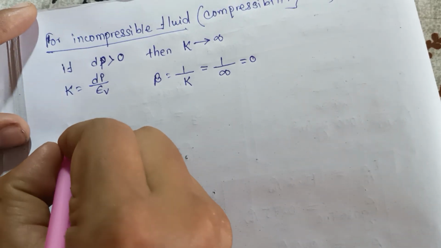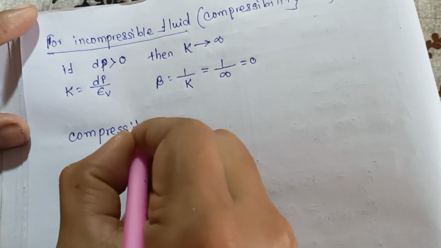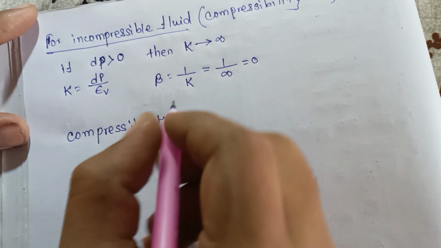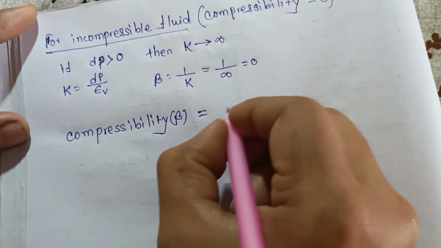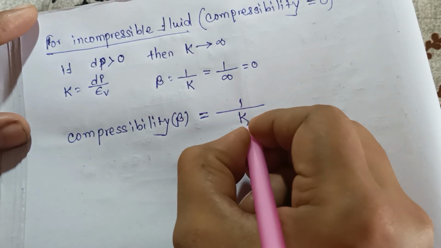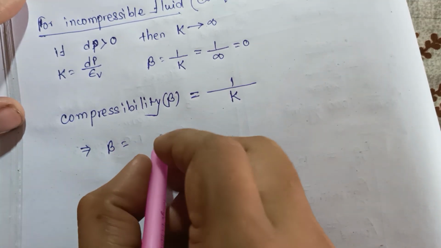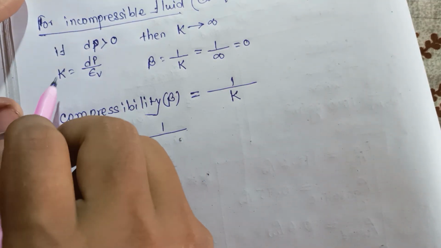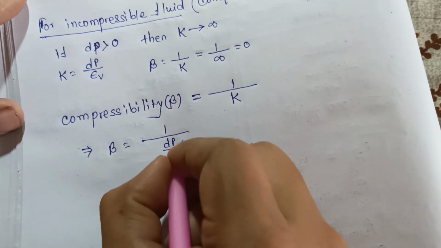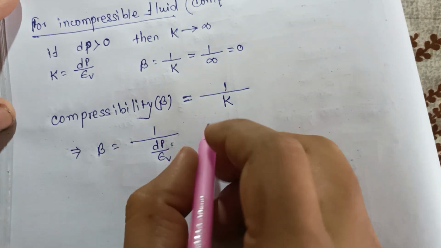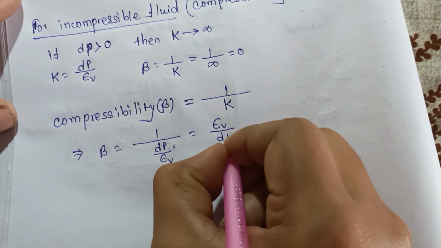Now compressibility, that is beta, equals 1 by bulk modulus. So beta is 1 by, the bulk modulus being dP by epsilon V, so this is epsilon V by dP.